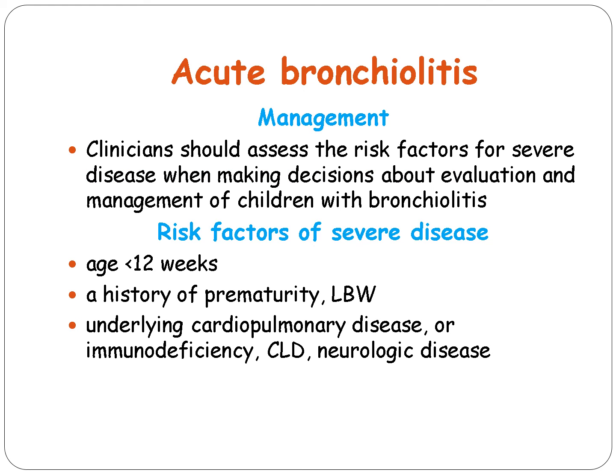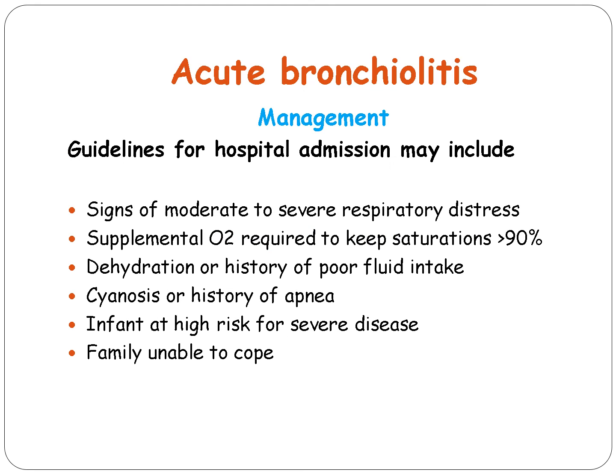Before managing the child, you should assess for the presence of risk factors of severe disease in this infant. Risk factors of severe illness: if the age of the patient is less than 12 weeks, if there is history of prematurity or low birth weight, or if there is underlying comorbidity, such as cardiopulmonary disease, immune deficiency, chronic lung disease, or neurological disease.